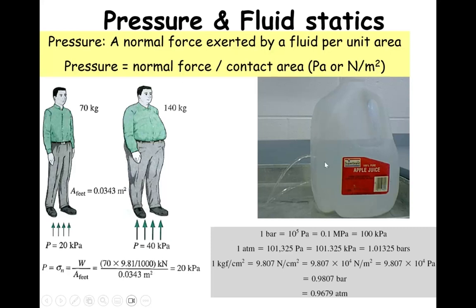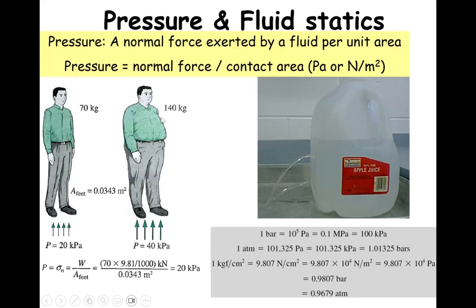Now if you want to have a sense of pressure, for example, you can see here a person who has a mass of 70 kilogram and the surface area of his feet is this much, and this person, who is fatter, twice the weight of this person, has the same surface area.